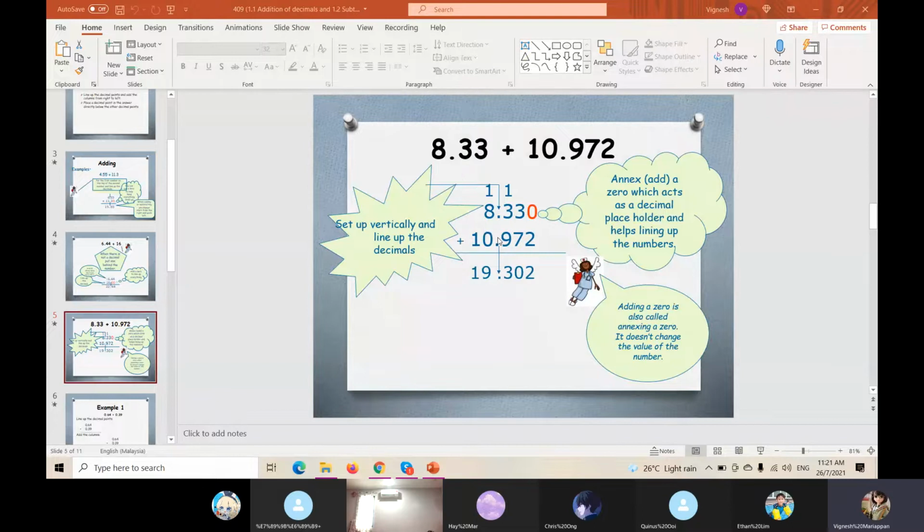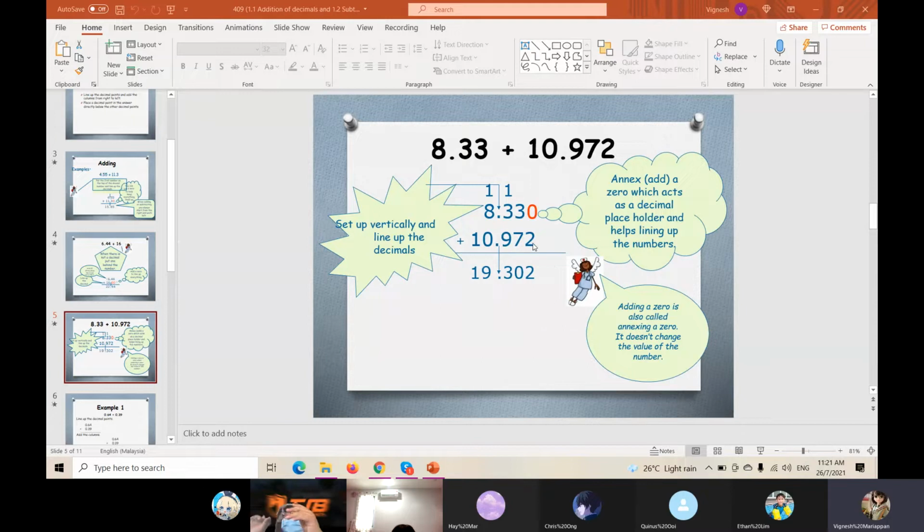You have to place the decimal points in the same line, and then the numbers after the decimal you arrange according to the question given. Same goes here, 33 and here 972. As I said earlier, please add 0. Add the 0 so it will be easier for you to do the addition.